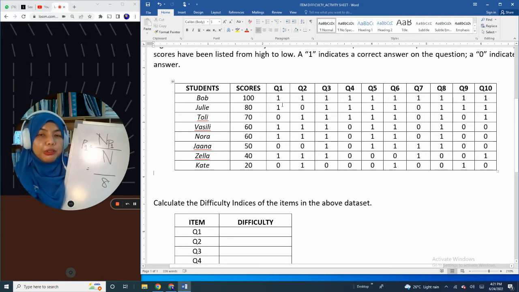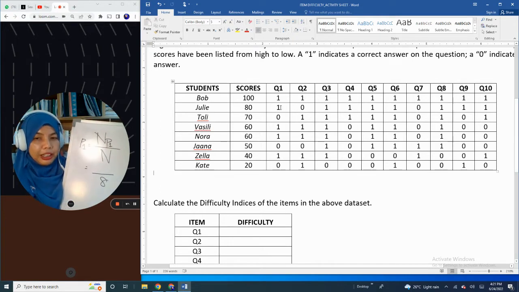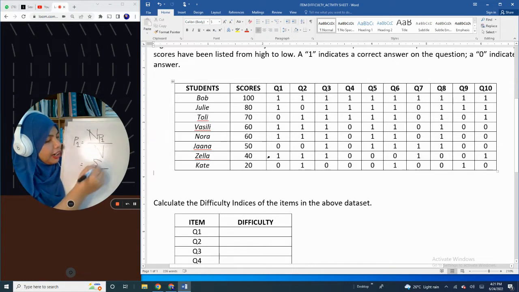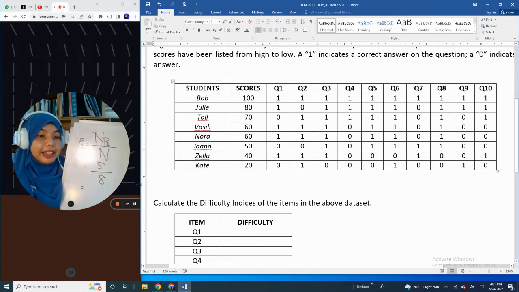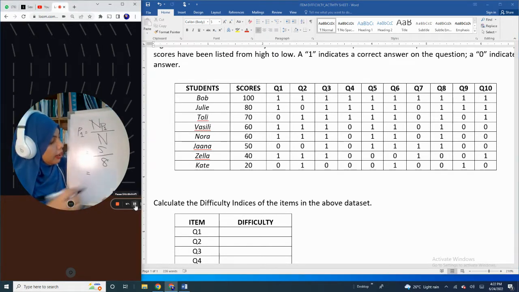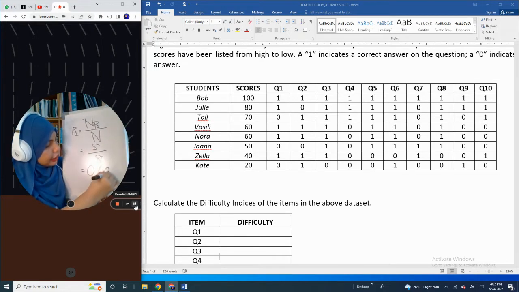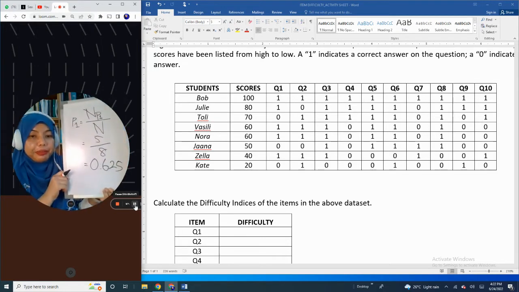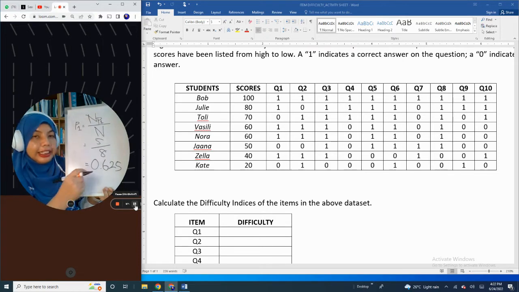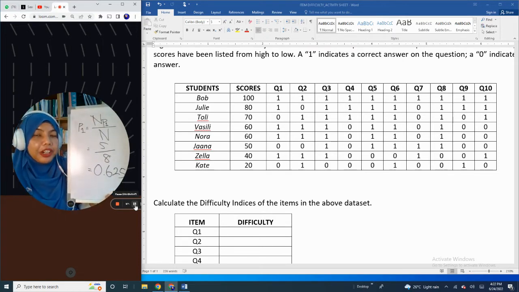You just need to include those with the code 1. 1, 2, 3, 4, 5. So 5 divided by 8 is 0.625. This is the item difficulty index for item 1.